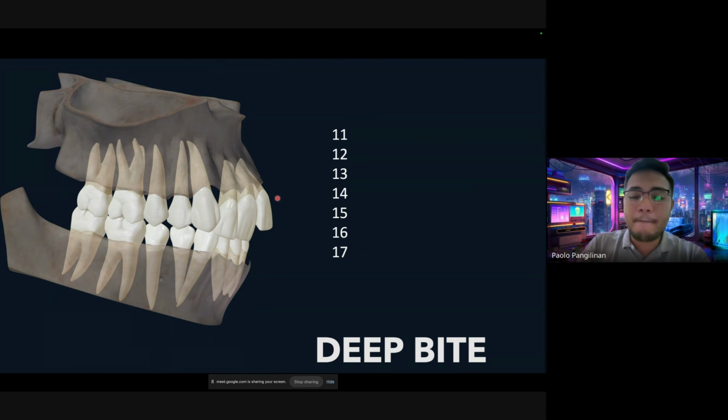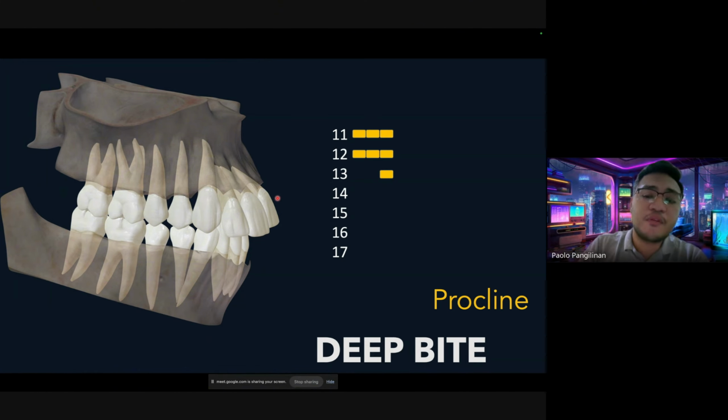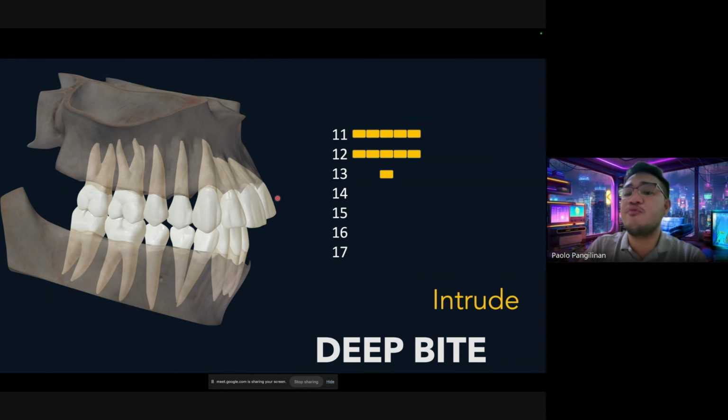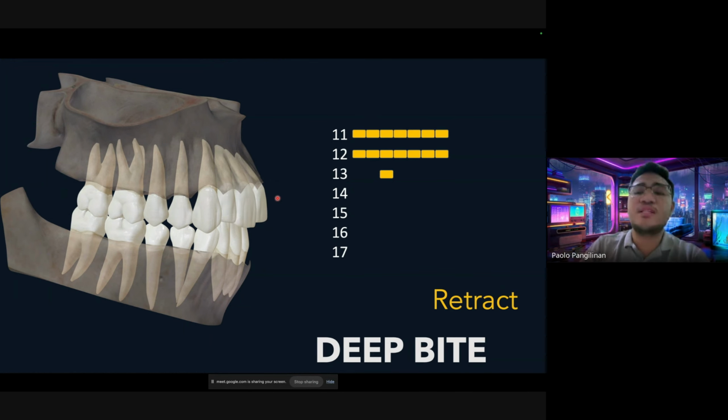Now, deep bite usually goes with a few steps of proclination, a few steps of a little bit of alignment, and then since you created the space now, you can somehow align it. And since you have the space, you can now perform the second step, which is intrusion. And then eventually, you're going to retract. So that is the usual staging for clear aligners, especially for deep bite.